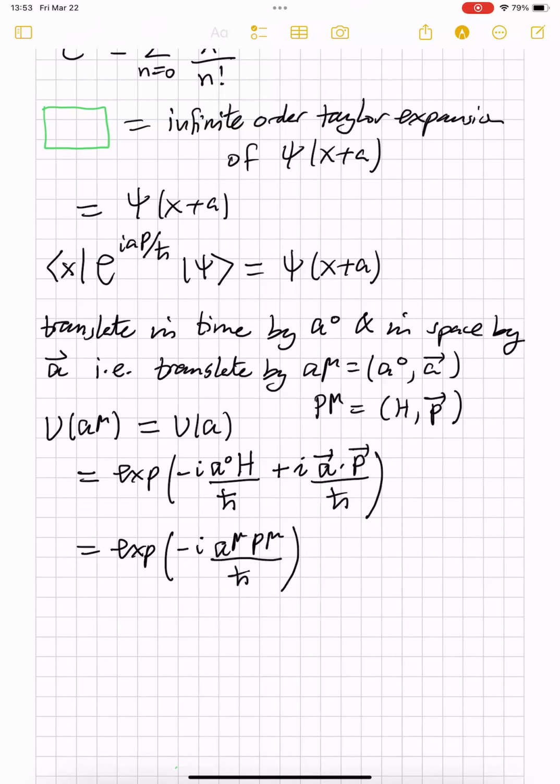And as usual, I'm going to set h bar to 1, and I'm just going to write this as e to the minus i a dot P. So that's the rule that I wanted. U of a is equal to e to the minus i a dot P. And U of a will perform a translation in space and time.